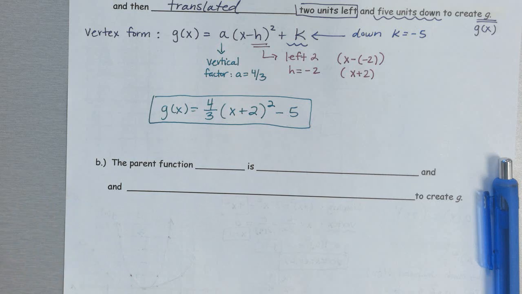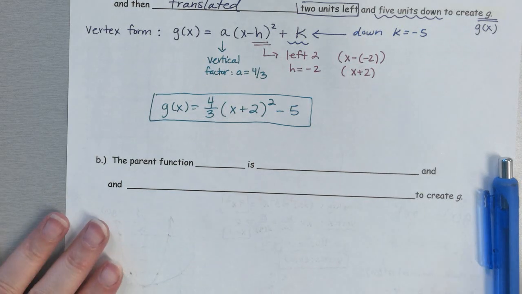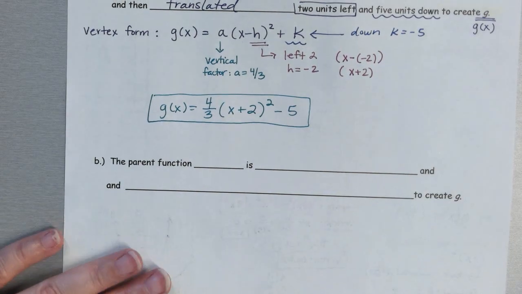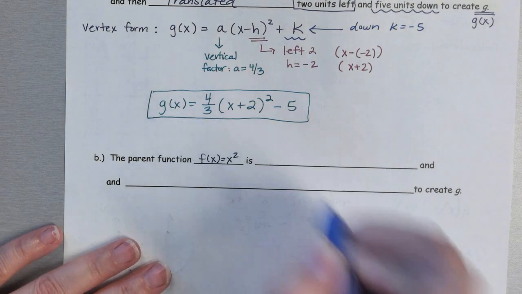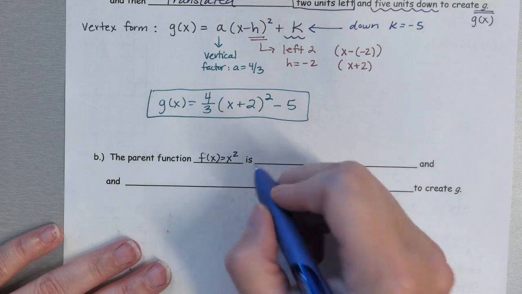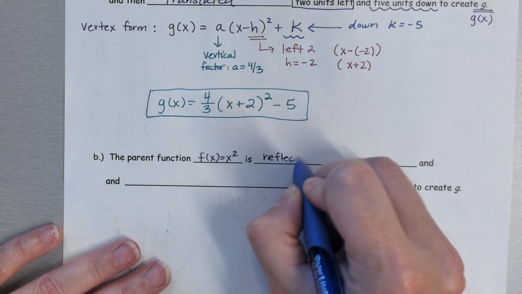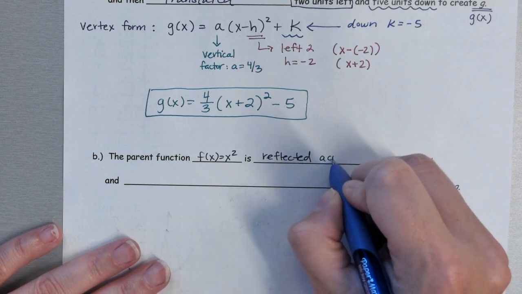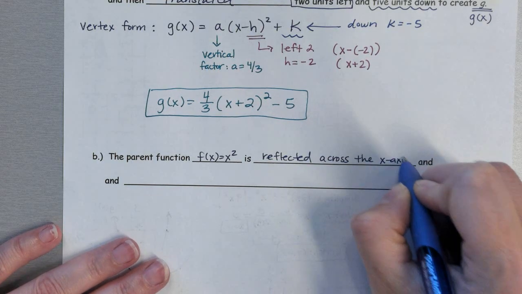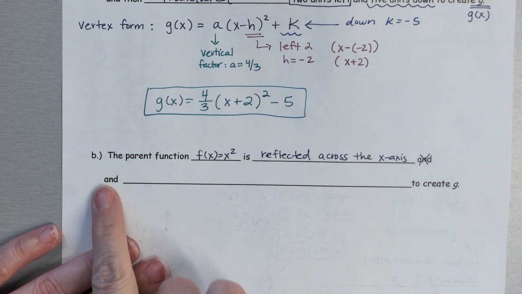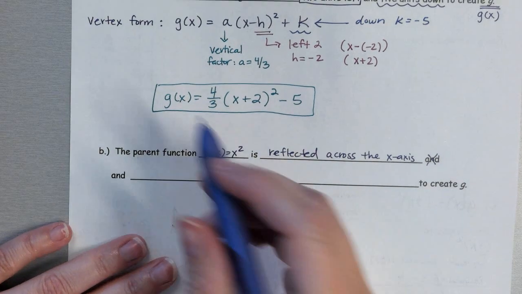Okay, so I'm going to have you guys try this for part B. For part B, you have the parent function, f of x equals x squared. It is reflected across the x-axis. And we don't need 2 ands, so you can cross one of them off.